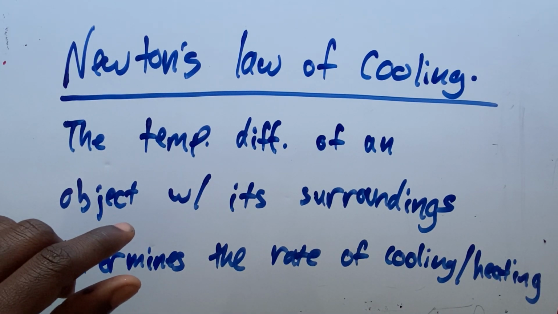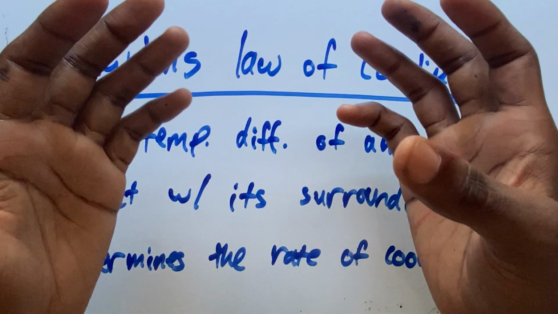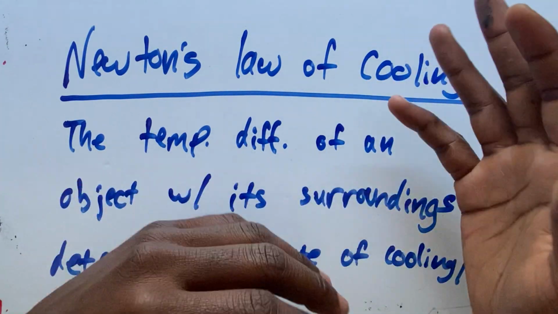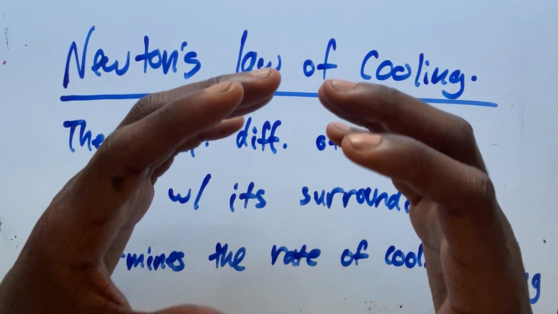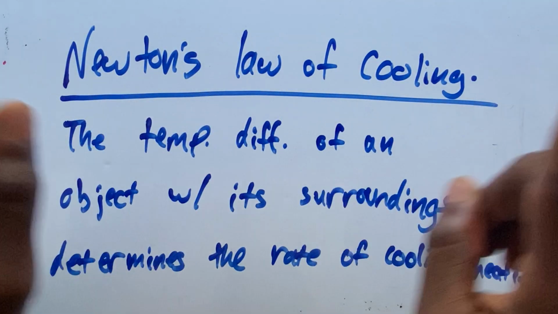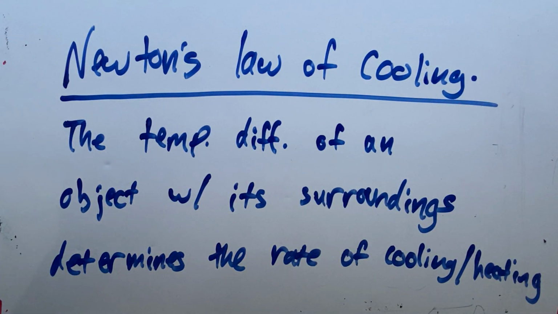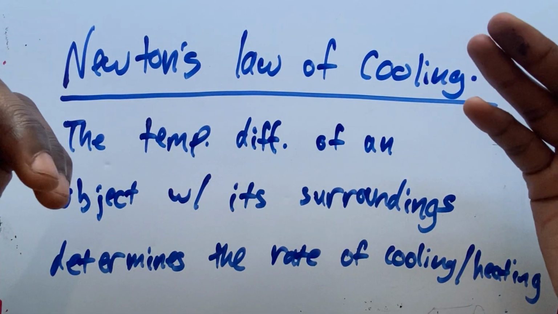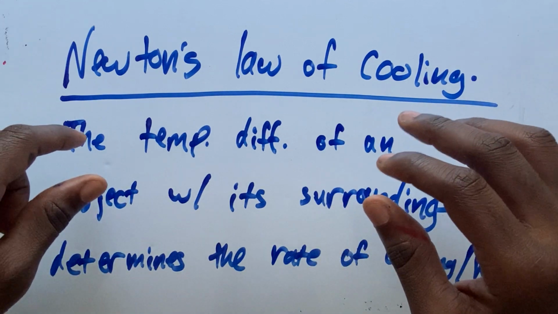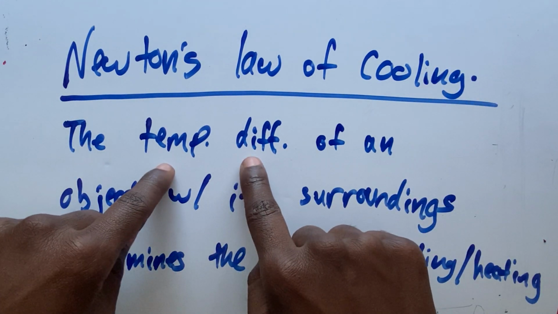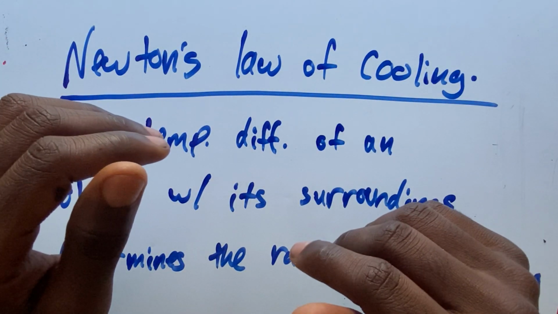Obviously, if I have a hot cup of coffee sitting on the counter, it's going to cool down, because the heat from the coffee is going to go out into the atmosphere and try to match the temperature of the surrounding room. But it's going to take some time, because the temperature difference isn't that great between the coffee and the surrounding air.